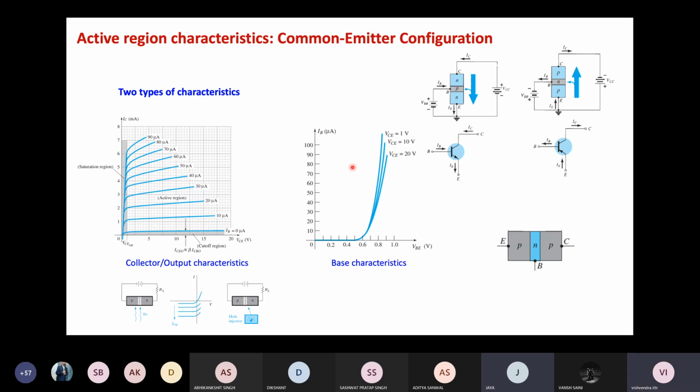Okay, so generally in BJT usage, we always try to draw the input characteristics, which is the IV relationship at the input terminal, and the output characteristics, which is the IV relationship at the output terminals. I hope this part is more or less clear.